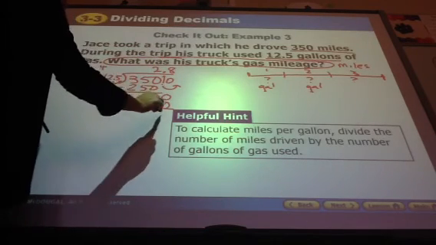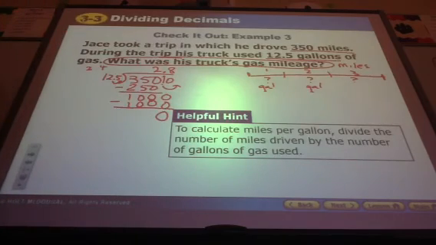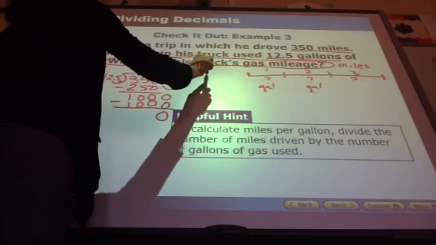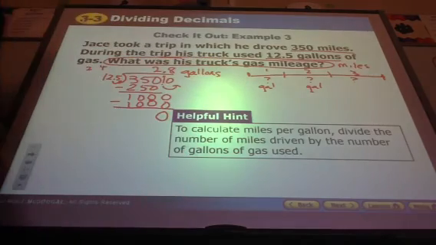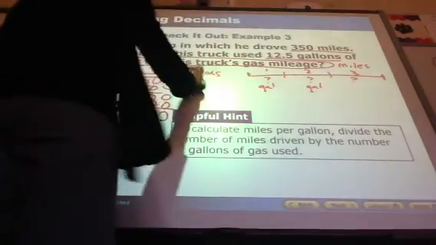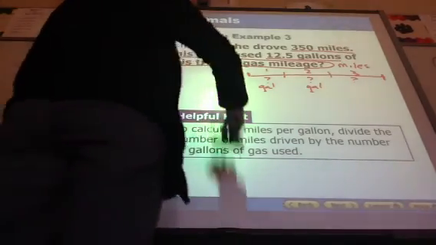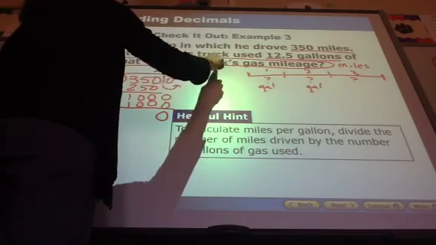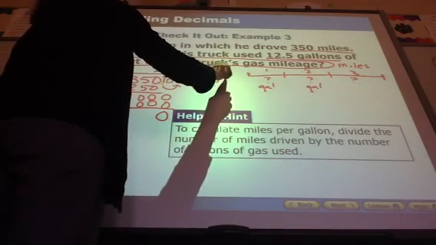So when I subtract, I get 0. So it's 2.8 gallons. I'm sorry, not gallons, miles per gallon. So for every 2.8 miles he goes, they use 1 gallon of gas.